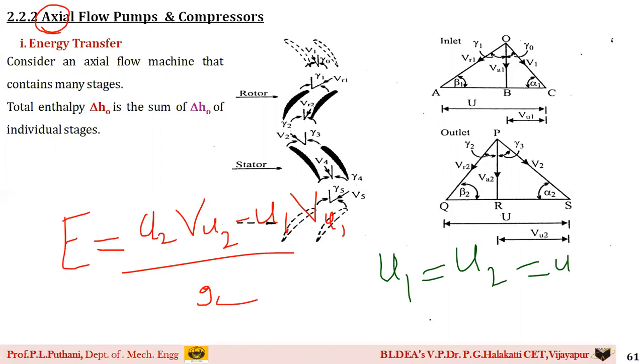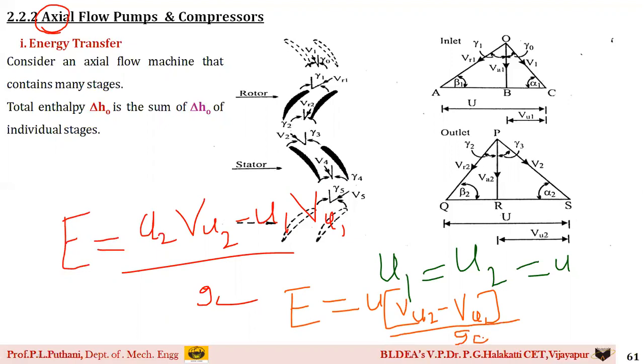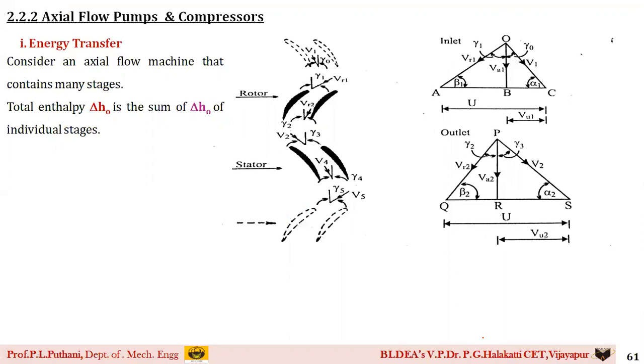Substituting this, the equation takes the form E is equal to u times (vu2 minus vu1) by gc. This is the energy transfer equation for axial flow pumps and compressors. So let us see now.